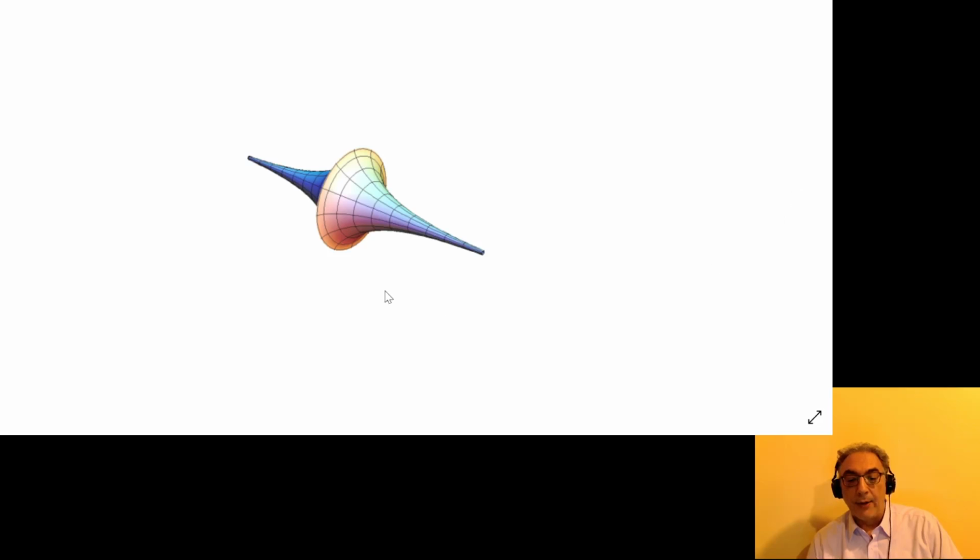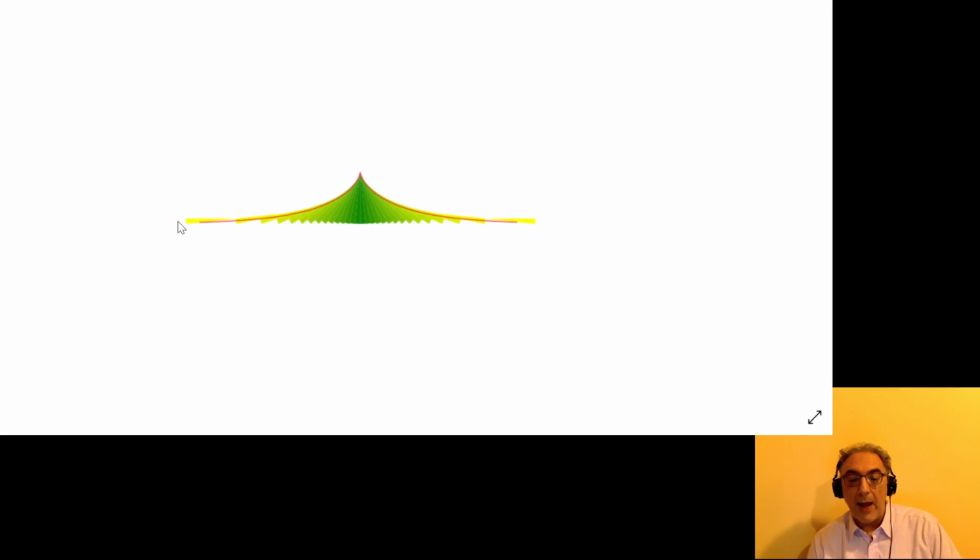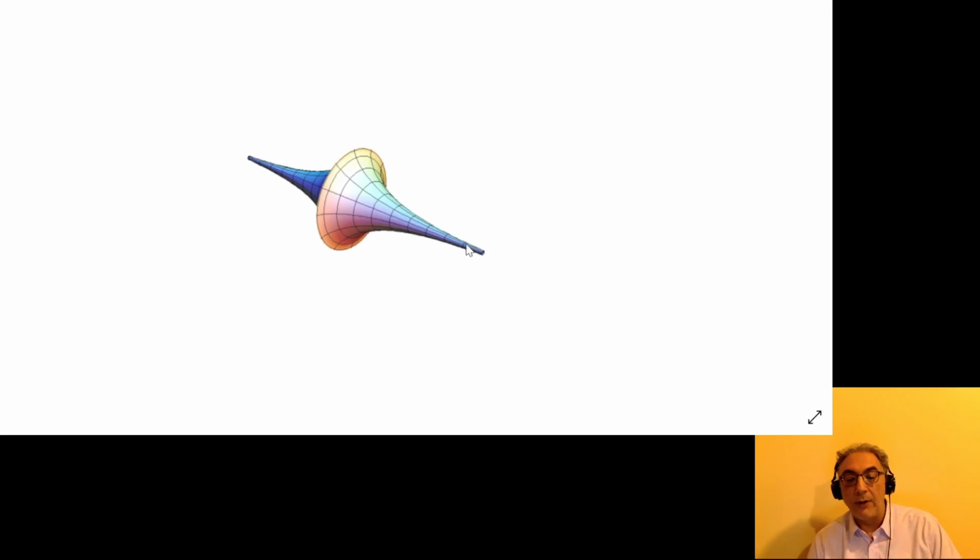Since we have a screen, the idea is that this screen can be rotated with respect to an axis. The rotation of the tractrix around this axis here gives rise to what is called the pseudosphere.